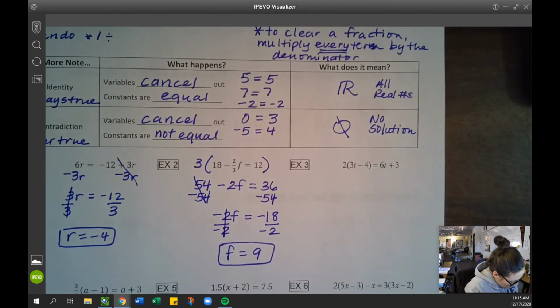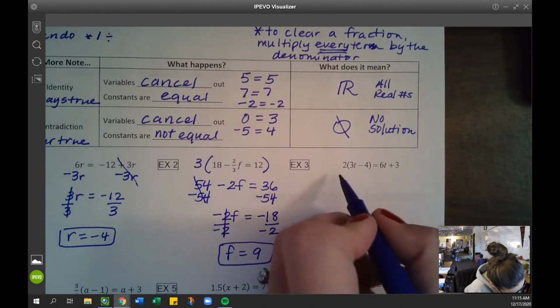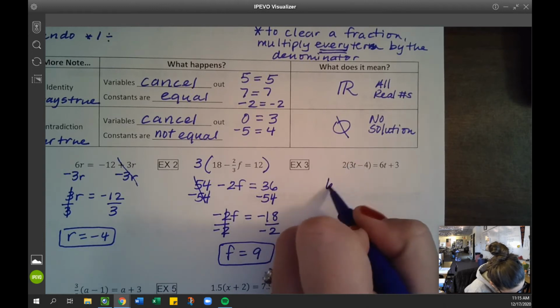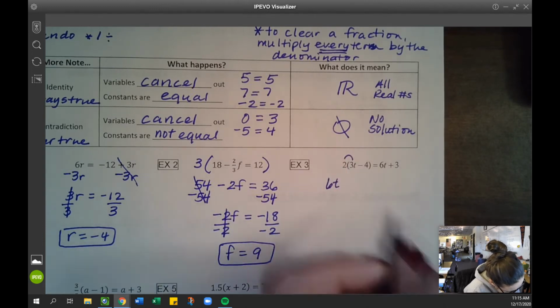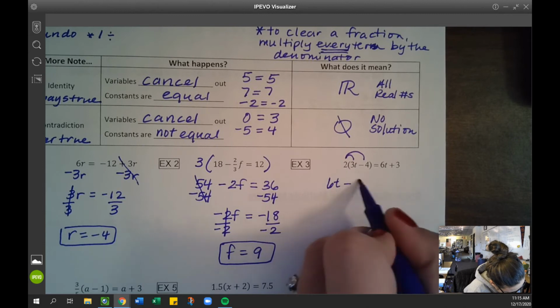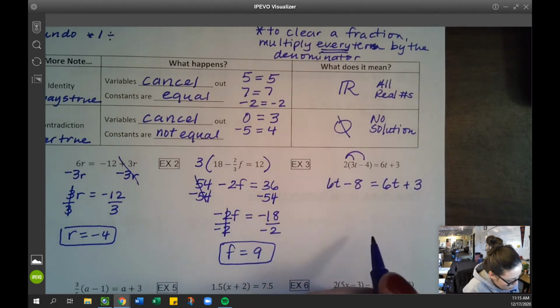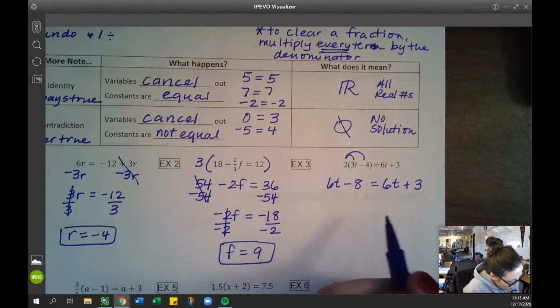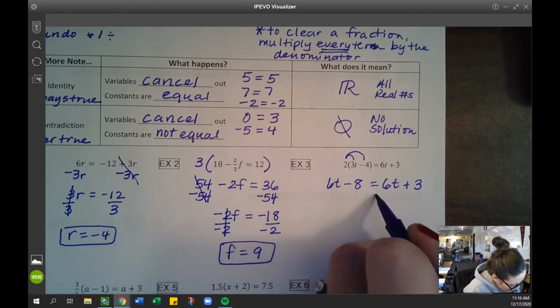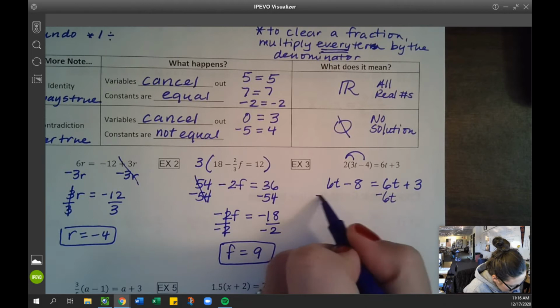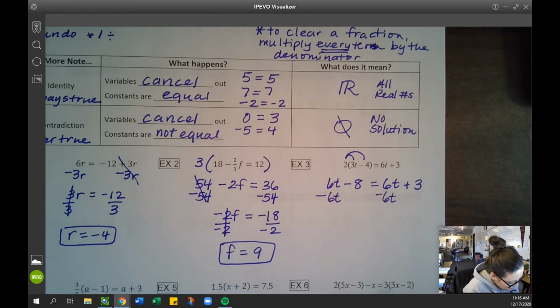All right, example 3. Distribute. 2 times 3t is 6t. 2 times 4 is 8. No fractions or decimals. No like terms to combine. I do need to get the variable on one side. So I'm going to subtract 6t from both sides.